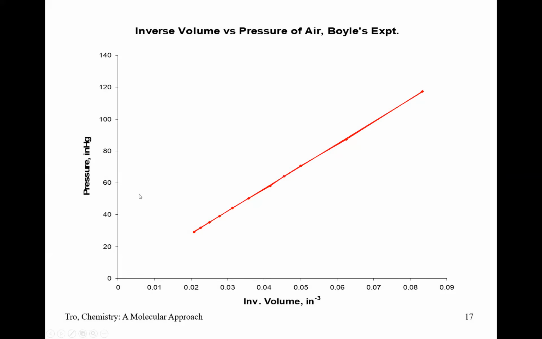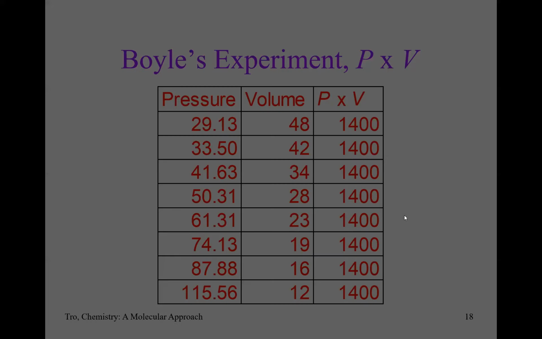But if you plot it down here inverse, so if you plot the pressure increasing against 1 over the volume, you get a straight line. And if there is no pressure, there should be no volume. So this goes through the origin and has a y equals mx plus b form, where b is 0, a straight linear plot.